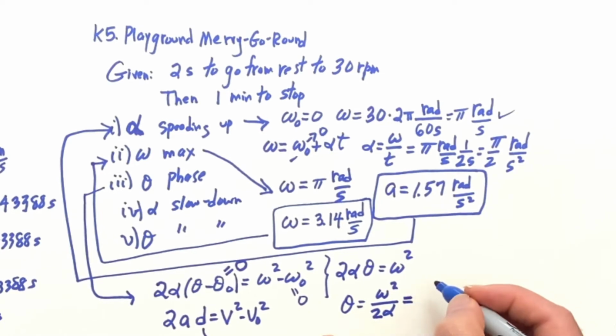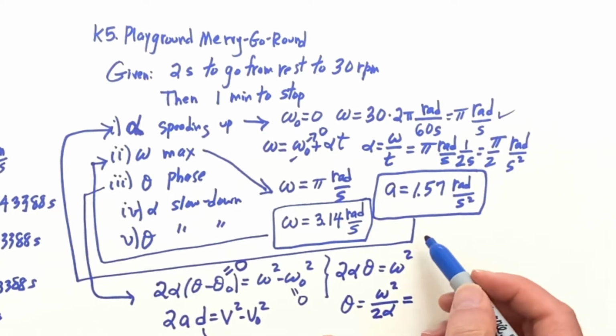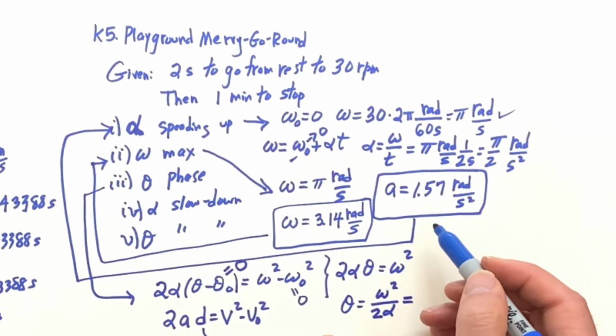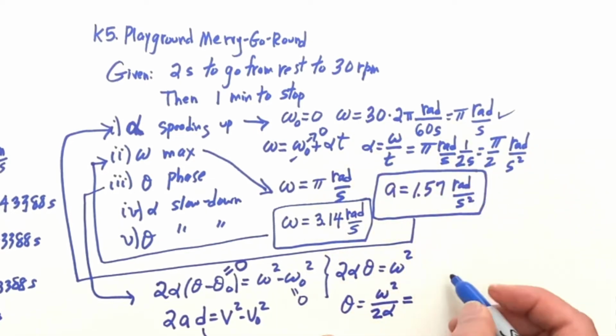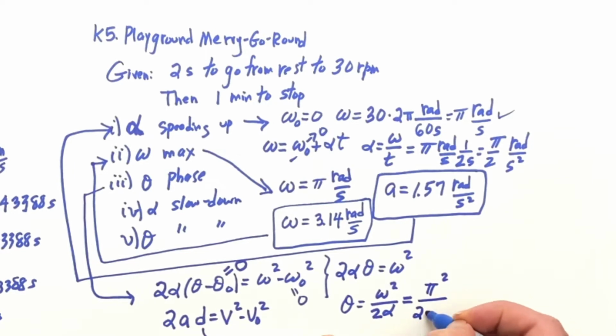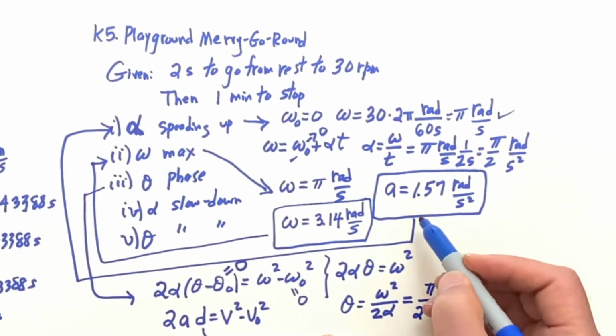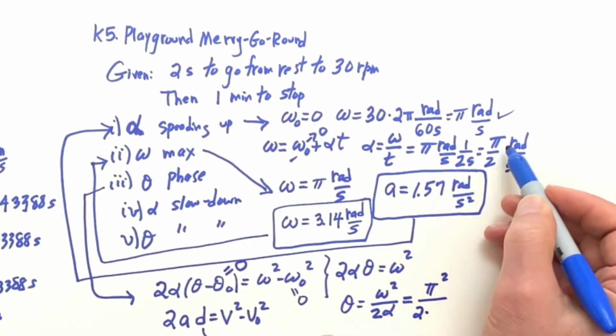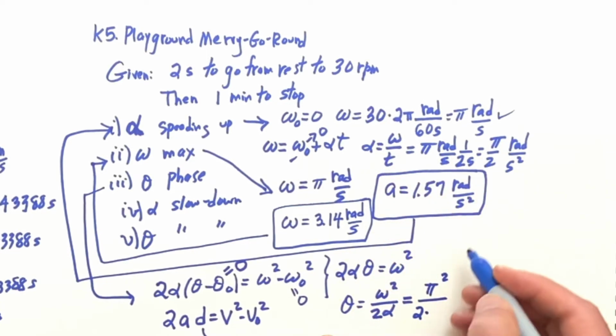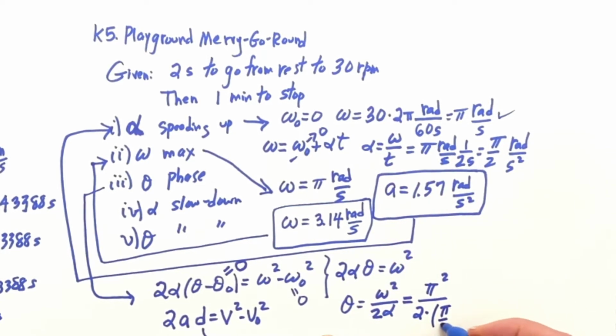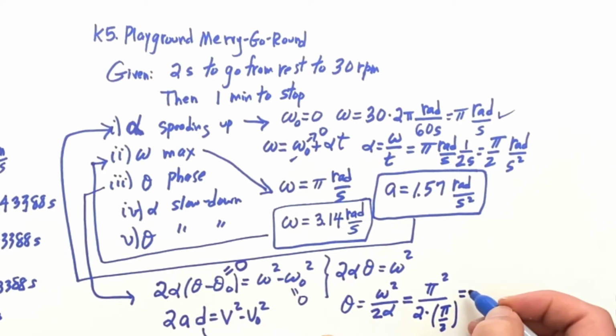So the omega here is pi. So this is going to be pi squared over 2 times the alpha here, which is pi over 2. That's interesting. So the 2's cancel and a pi cancels, and you just get pi radians.